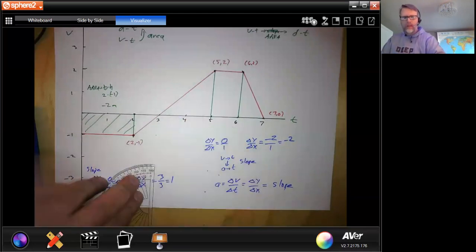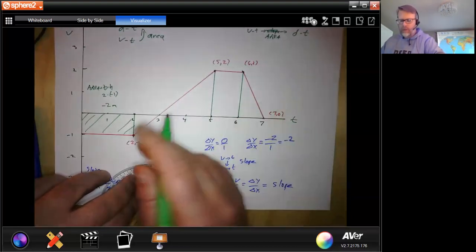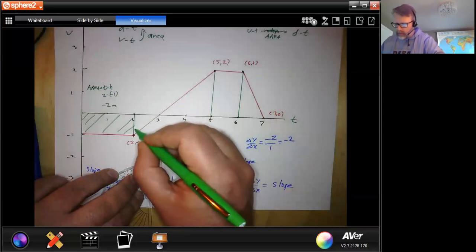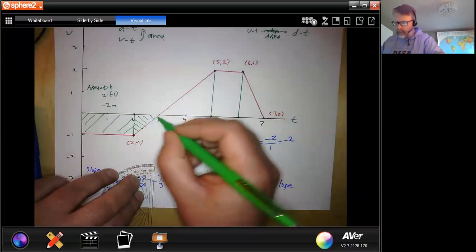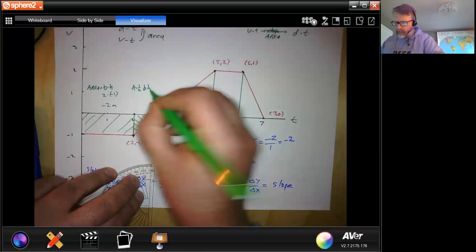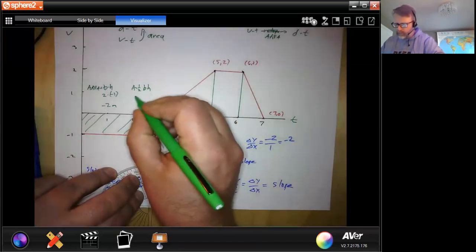Rather than plotting each point, let me give all the points now, and then we'll look at the plot. My next area is right here. In this case, area is going to be 1/2 base times height because we have a triangle. It is 1 times 1.